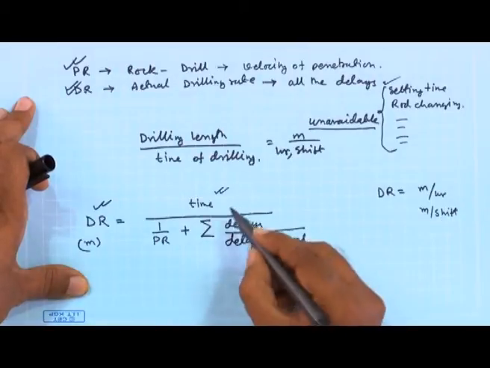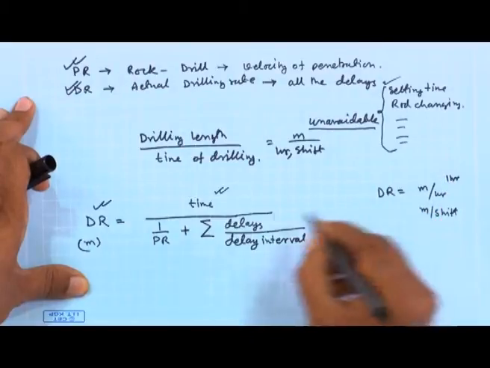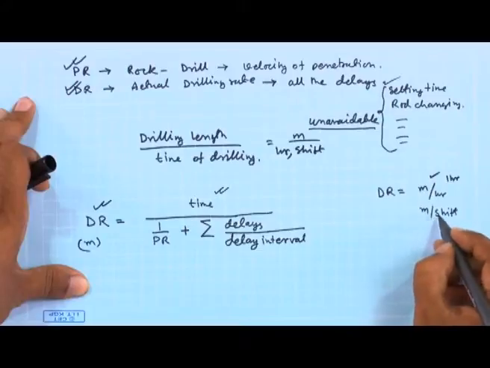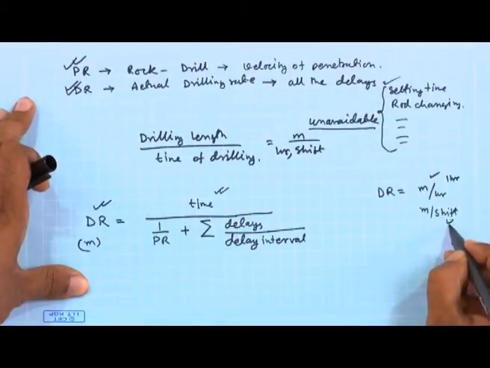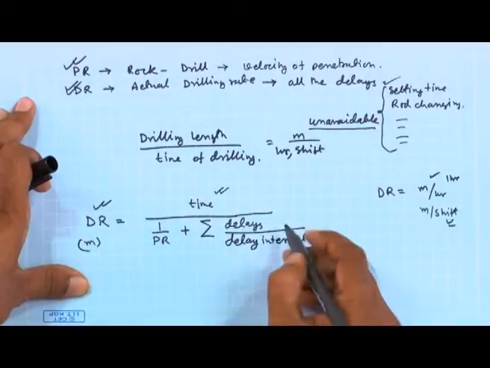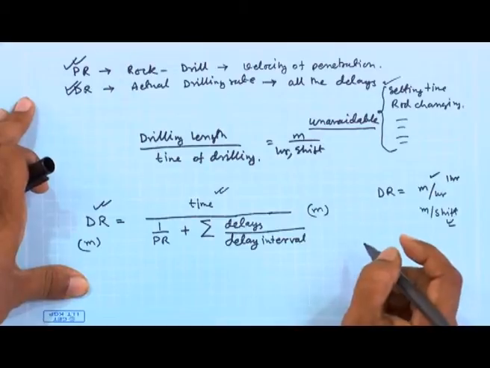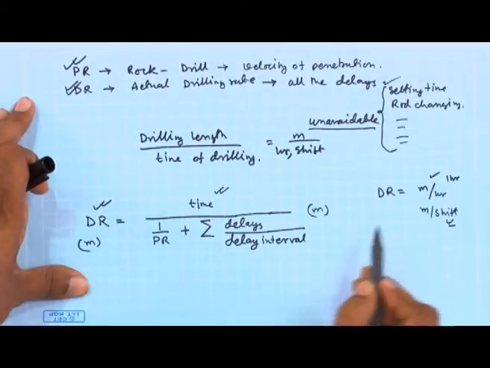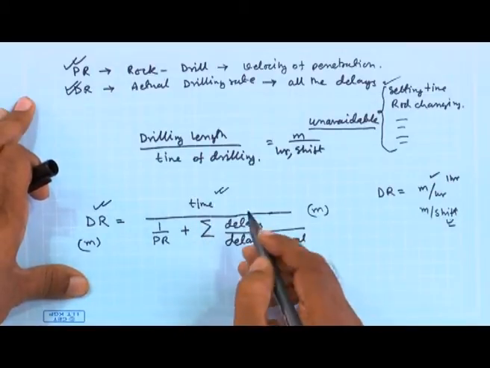If we are considering this time is 1 hour, then it is meter per hour, and if this time is shift hours, then it is shift. So, basically the unit which is being expressed here is meter, but this can be expressed as meter per hour or meter per shift by considering that time.